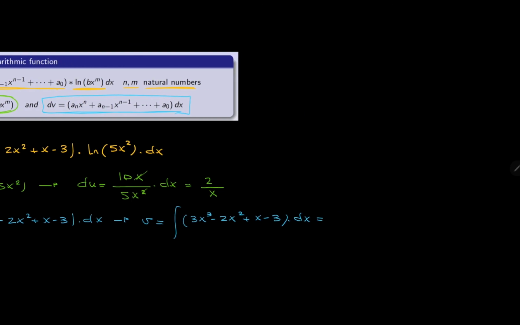So this is 3x fourth power divided by 4 minus 2x cubed divided by 3 plus x squared divided by 2 minus 3x. And we are ready to write the by parts formula. So it's u times v.